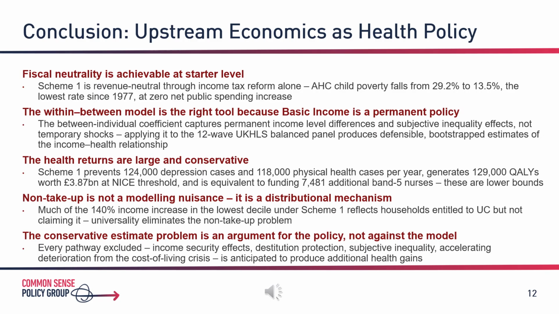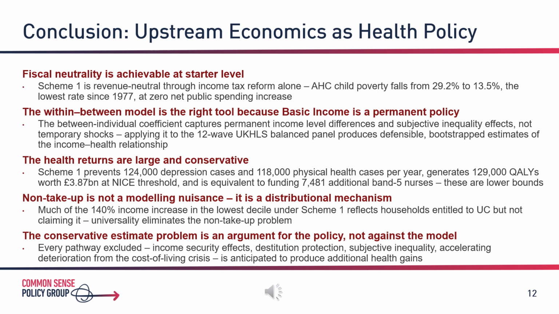It costs nothing in net public spending terms, and under it AHC child poverty falls from 29.2% to 13.5%, the lowest rate since 1977. The Martinelli trilemma, that you cannot simultaneously have a basic income that is affordable, adequate and administratively simple, is real at Scheme 3 level. At Scheme 1 level, it is not the binding constraint.